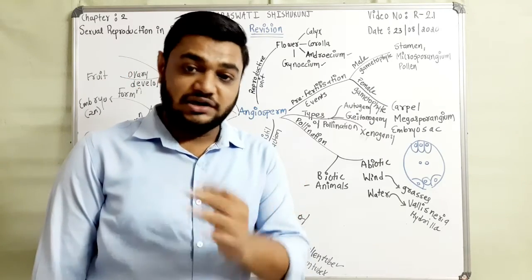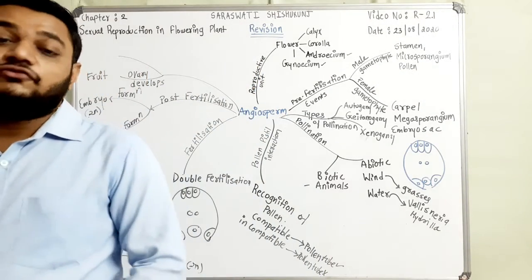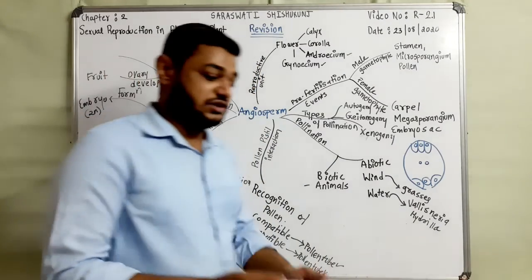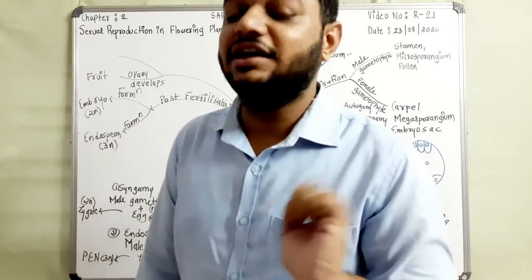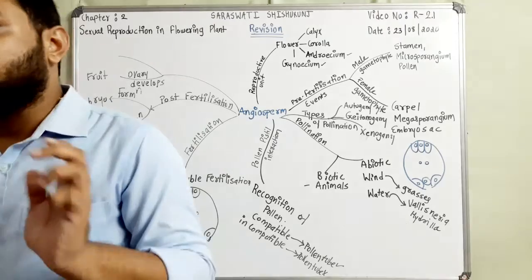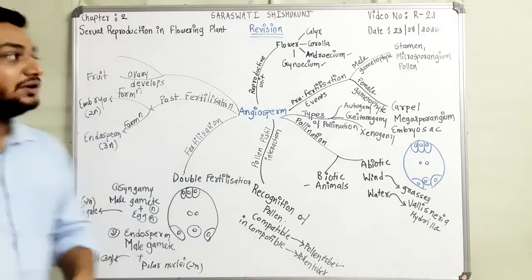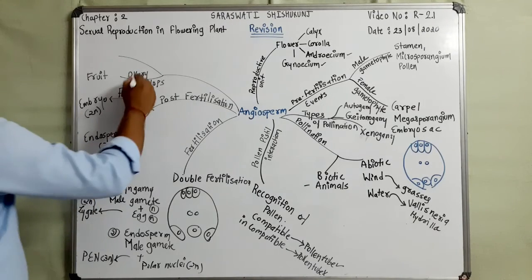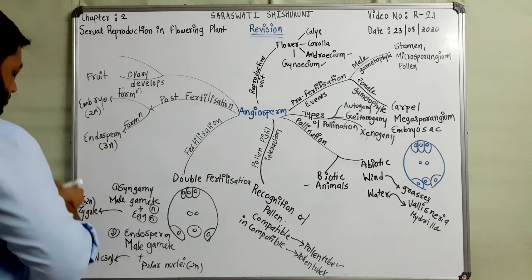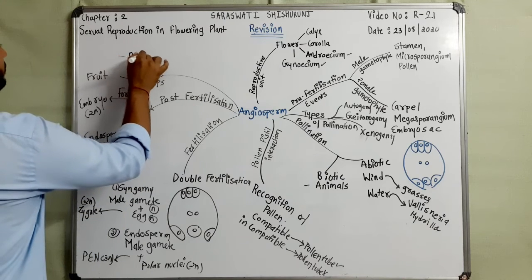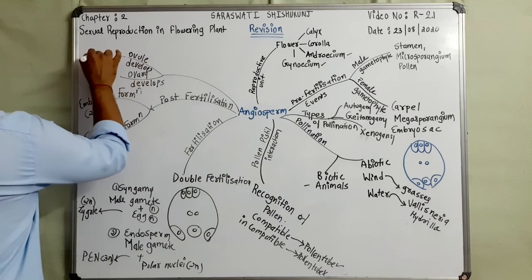The examples are banana and seedless grapes. The third one is false fruit. When the edible portion is formed from a part other than the ovary, like the thalamus or calyx, such fruits are referred to as false fruit. The example is apple. So the ovary develops into the fruit, while the fertilized ovule develops into seeds.